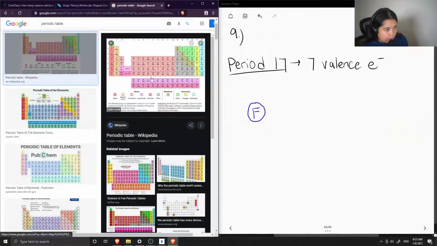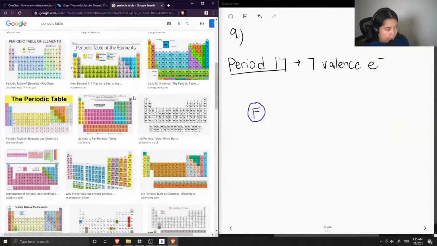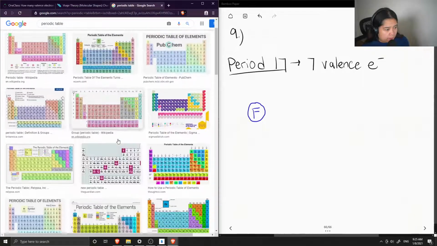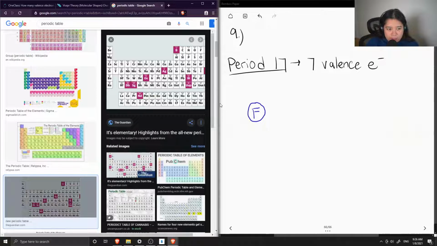Anyways, the atomic number tells us how many protons are in the atom, and if we had a neutral fluorine atom, then we would have the same number of electrons as we do protons. So therefore, we have 9 electrons in a neutral fluorine atom.